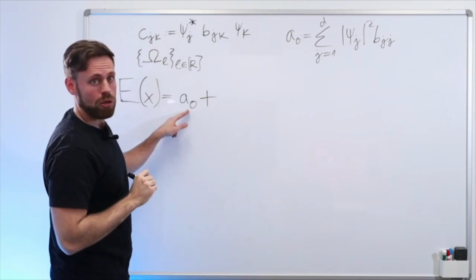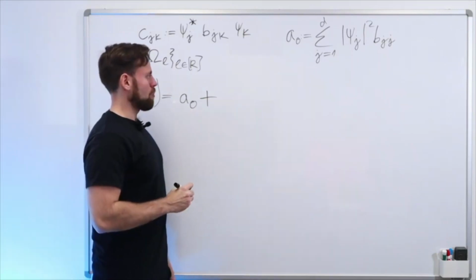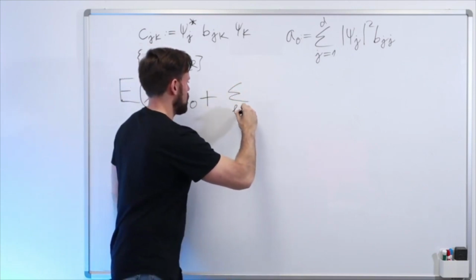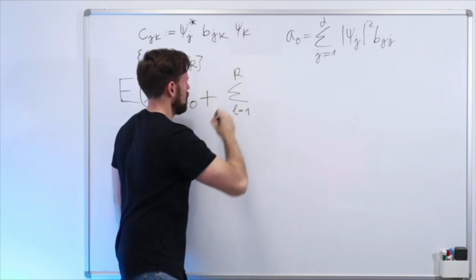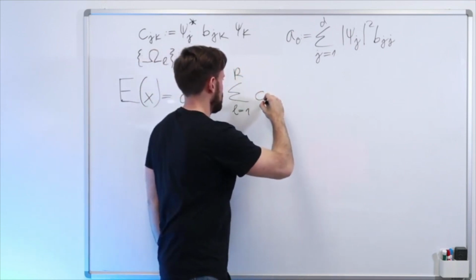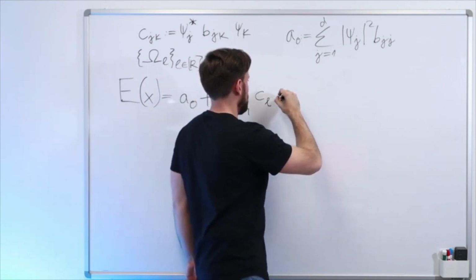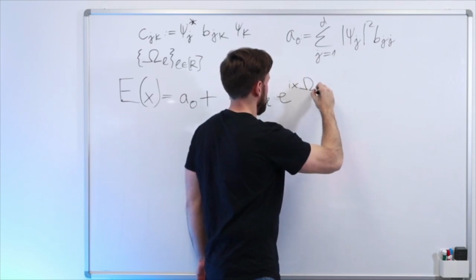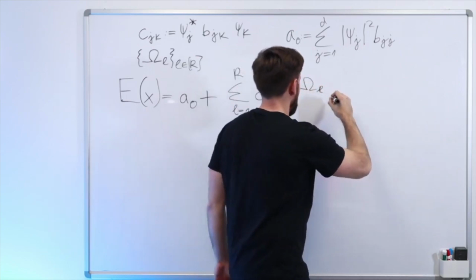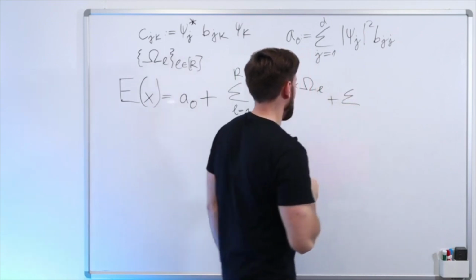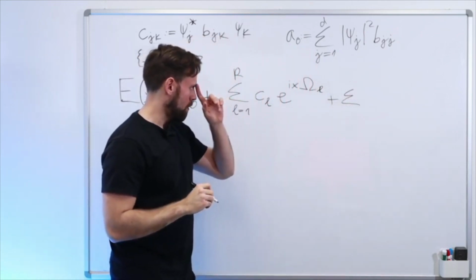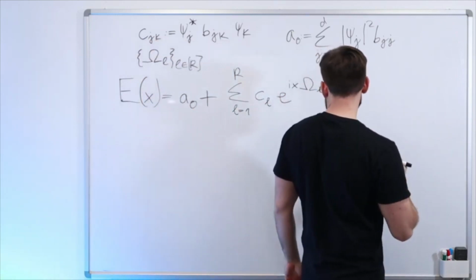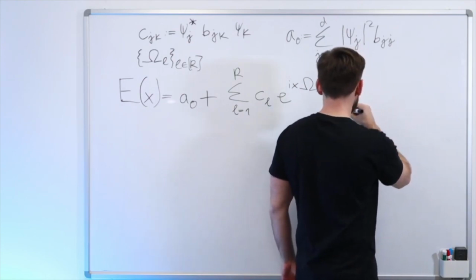the A0 term in this sum, and write up the next term using the frequency indices such that L is going to be going from 1 to R. We have a coefficient CL. We have the exponentiation term e to the power of ix omega L plus the remaining terms which have conjugated coefficients as well as a conjugation basically in the exponentiation term.